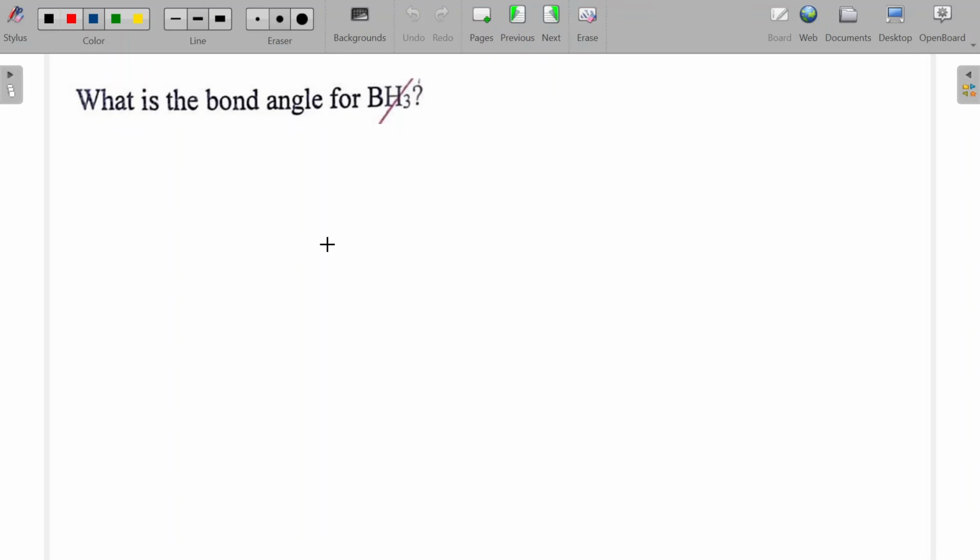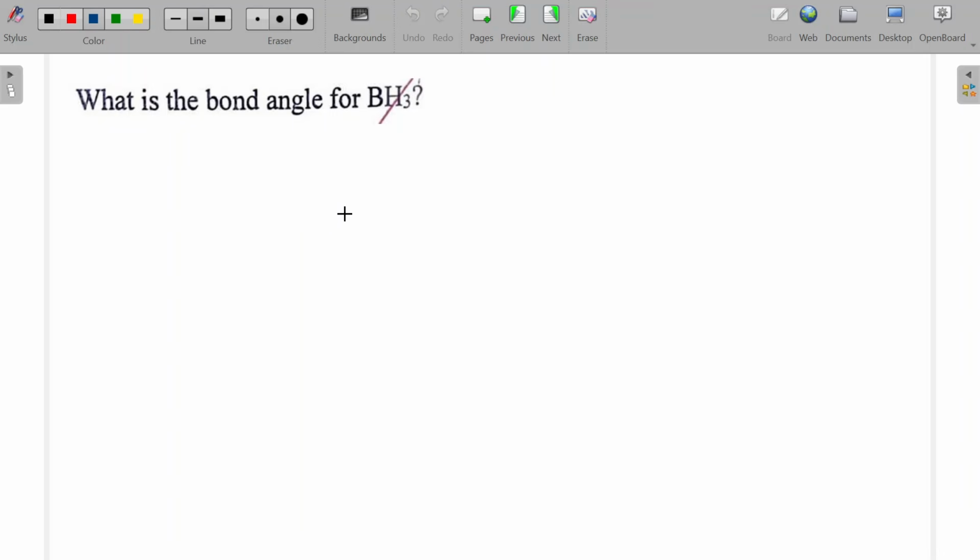Sir, may I know, is the bond angle 120? The bond angle for this compound is 120 because of its molecular geometry.